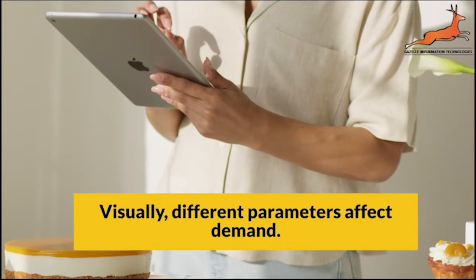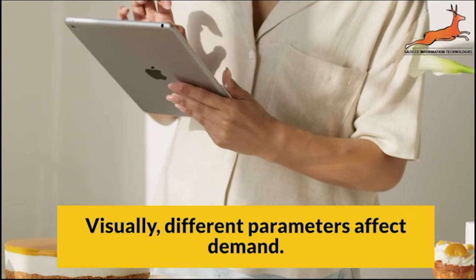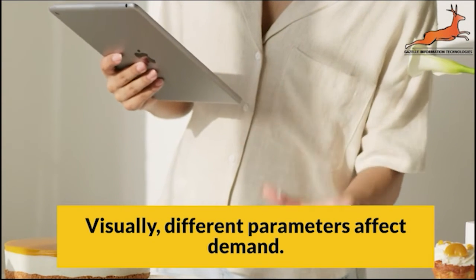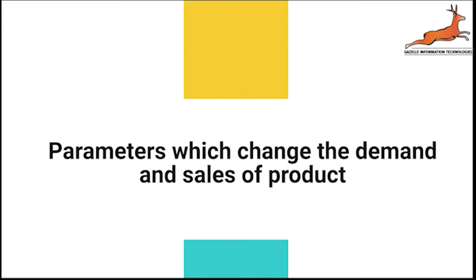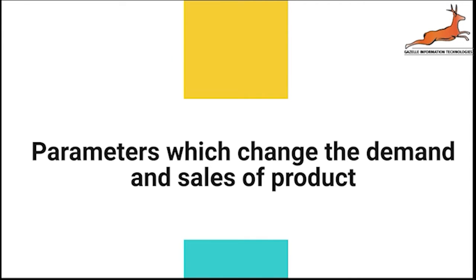So again, if you have to visualize it, you can visualize just by thinking that you have a particular product and you should be able to get an informed data output, that if a particular parameter changes, and of course you should know what are those parameters which affect the sales or demand of that particular product.